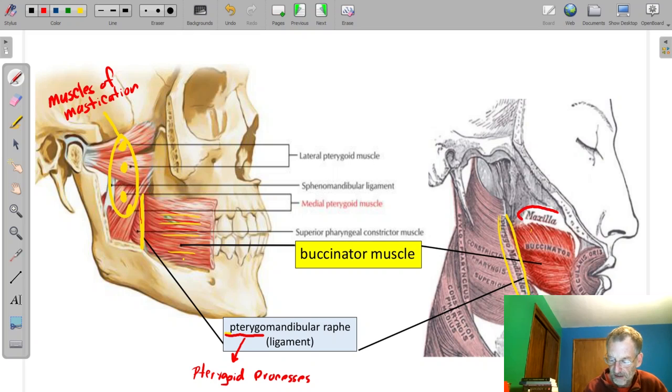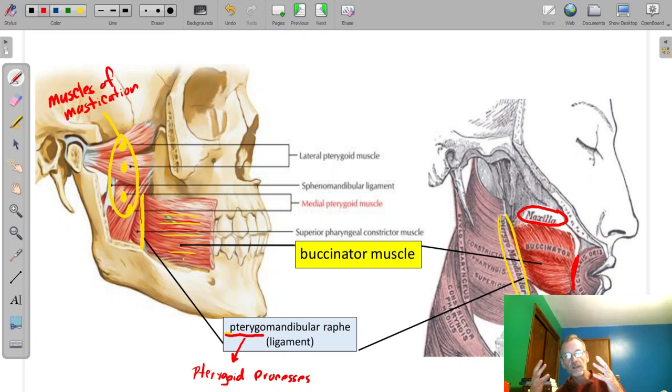Again, I'm not going to ask you about origins and insertions, but it does connect to the mandible and the maxilla and this pterygomandibular raphe, or ligament raphe, and it forms the cheek. And then it attaches to the corners of the mouth also. But at any rate, it is, if you will, a more medial cheek muscle.